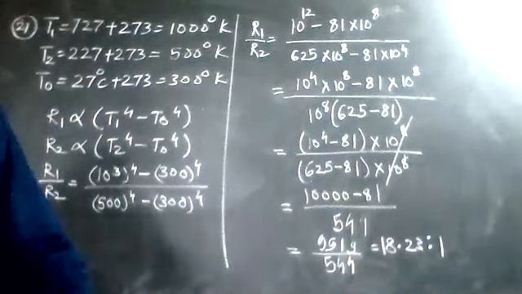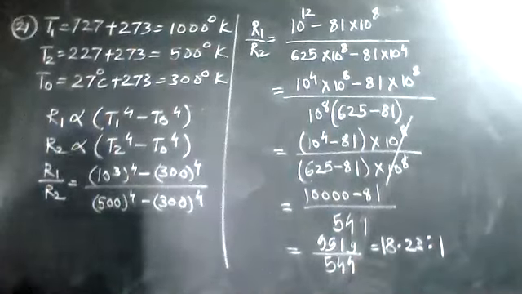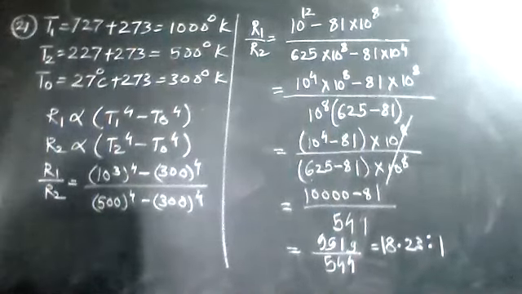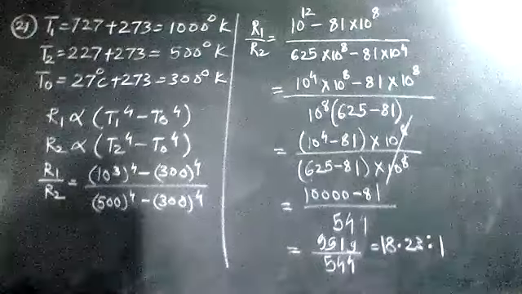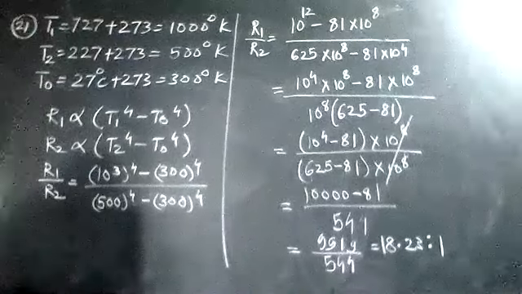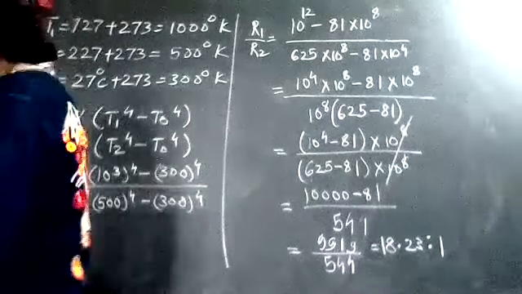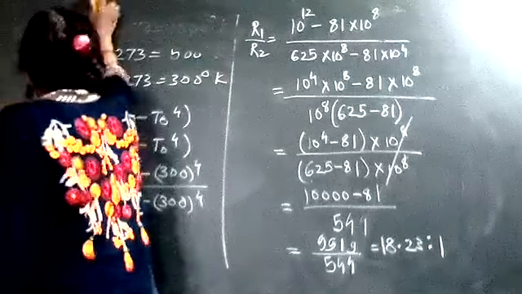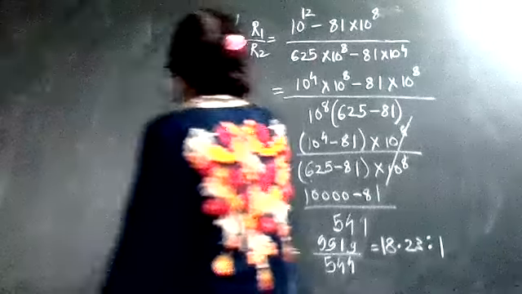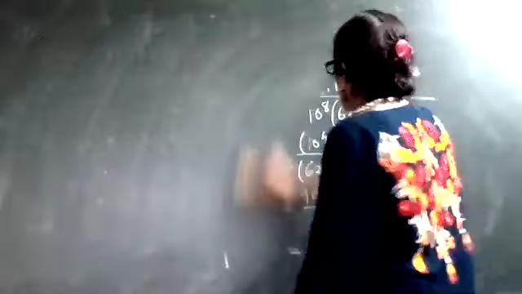In problem number 24, you are given a small blackened solid copper sphere of radius 2.5 centimeter placed in an evacuated chamber. So you are given the sphere radius, which is 2.5 centimeter, and that sphere is kept in the evacuated chamber.